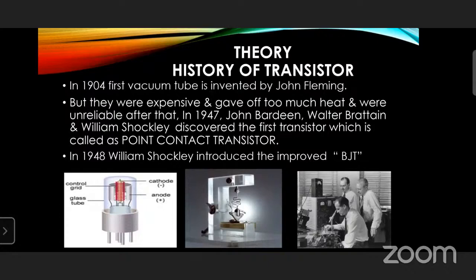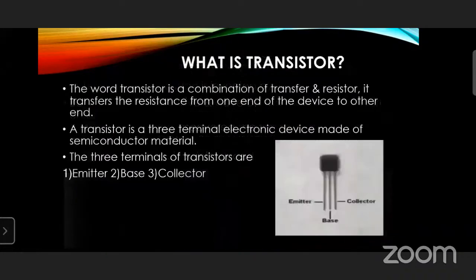So after that, in 1947, John Bardeen, Walter Brattain, and William Shockley discovered the first transistor, called the point contact transistor. This transistor is small, uses much less power than a vacuum tube, and is a more elegant solution to the needs of electronics. Then in 1948, William Shockley introduced the improved bipolar junction transistor. So this is the history of the transistor.